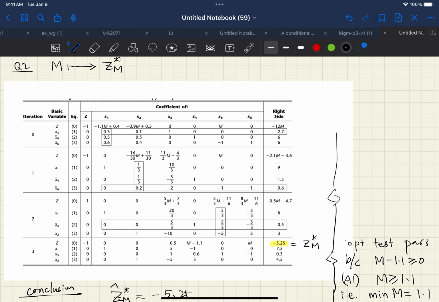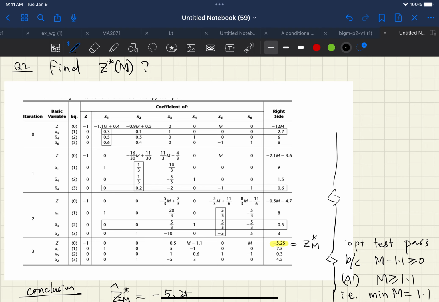And we know that when M goes to 1.1 or even bigger, it gives the final value, which is negative 5.25. If we look at this mapping as a function, what does it look like? Basically we can ask: find z star M as a function of M.